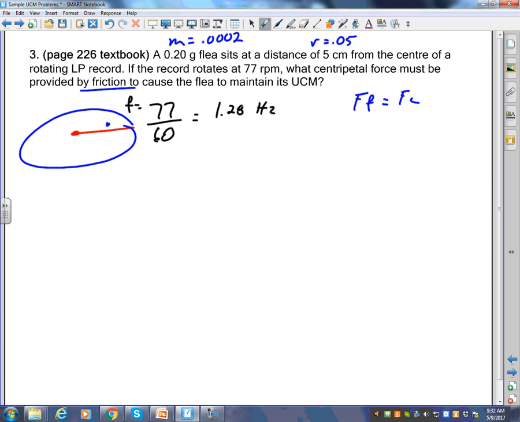Note this is little f, frequency, and this is big F, force. Two different things.